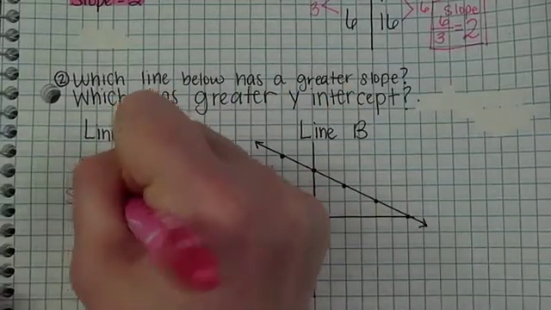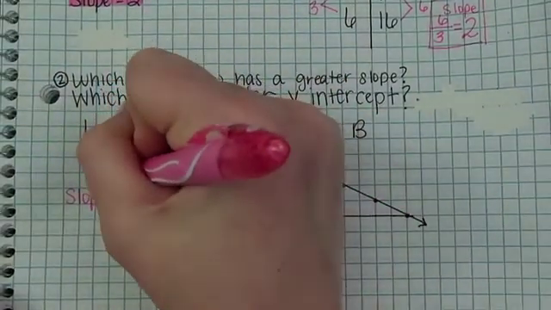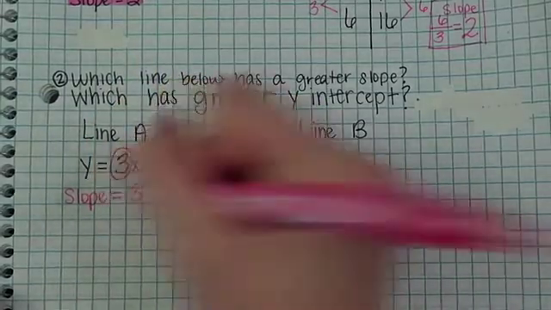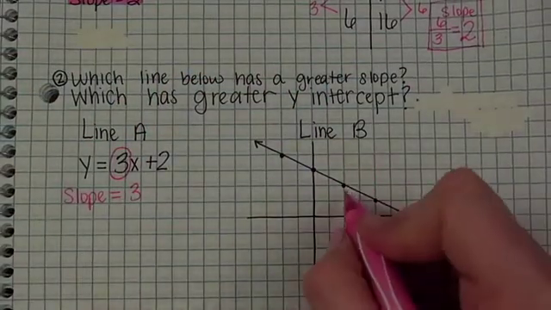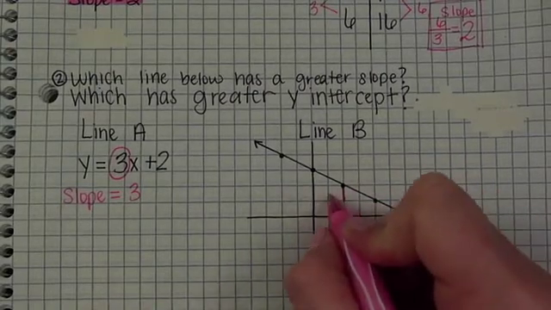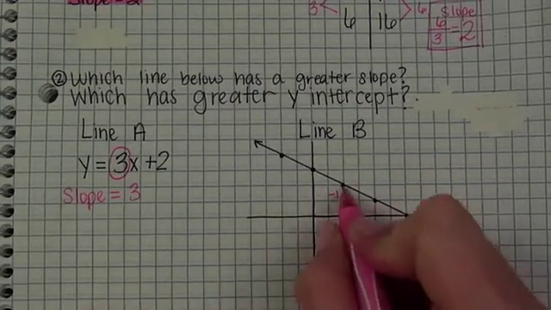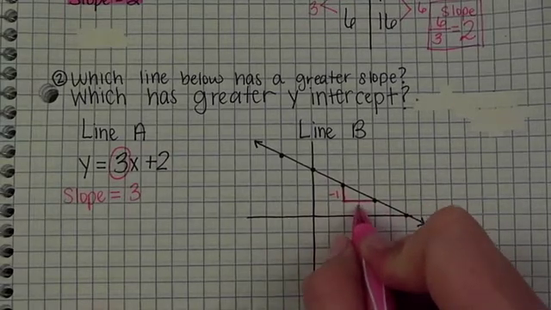The slope of this one is always the number with x, so in this case the number with x would be 3. Now let's find the slope of the line, so pick any 2 points on the line. I'll do these two. From here to this point, it went down 1. From this point, it went over 2.